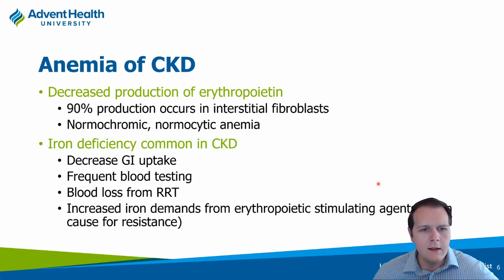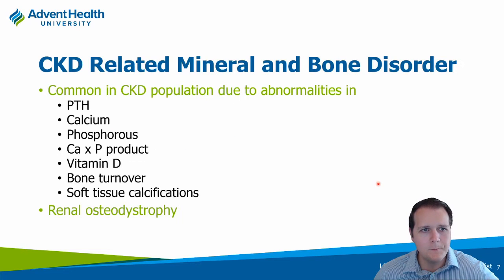You're also going to find they'll have decreased uptake from the GI tract. Bioavailability of iron's already not great to begin with, but this gets worse with patients with chronic kidney disease. And also, if we're giving patients erythropoietic stimulating agents, and we'll talk more about those later, you have to make sure you're supplementing with iron because you can give patients all the erythropoietin in the world, but if they don't have good iron stores in order to produce new hemoglobin, it's not really going to do you any good.